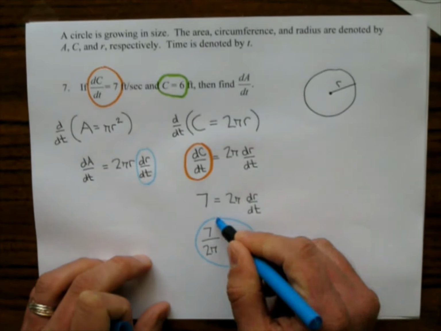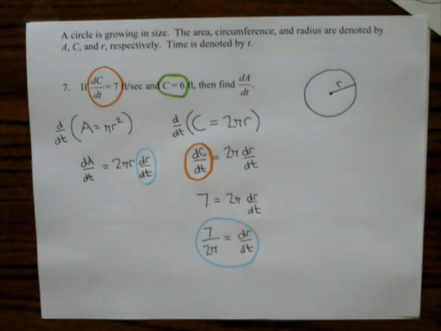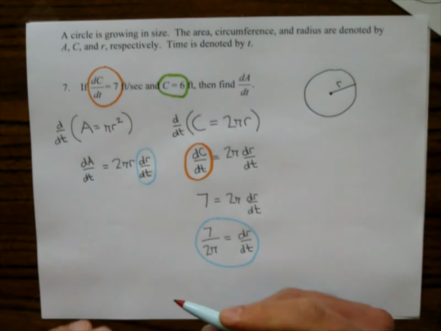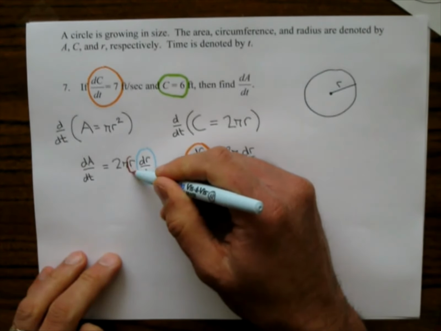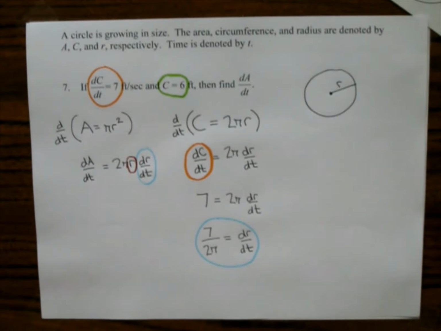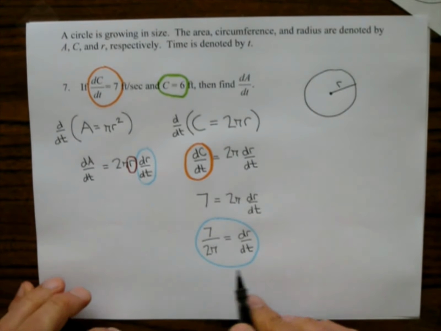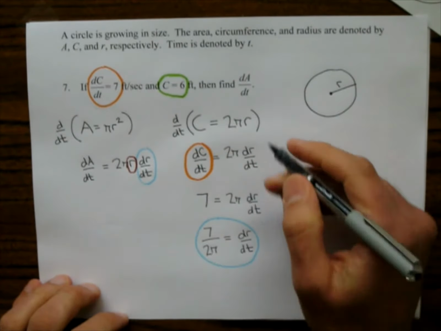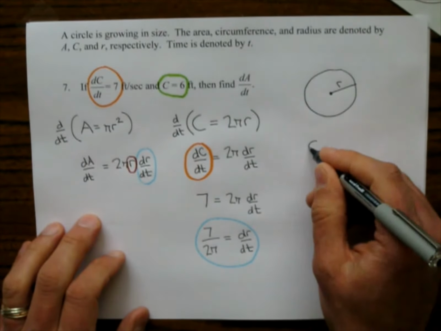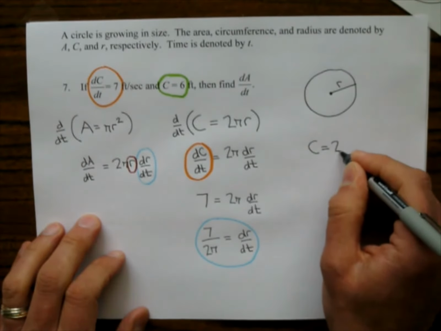This is great. I need yet another color, and I think I'll use red for the radius. We need that guy right there. We could have done this earlier maybe, but how do we find the radius? We'll take this right here, circumference equals 2 pi r.